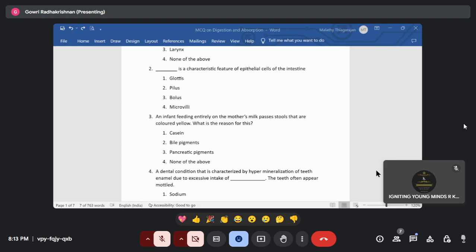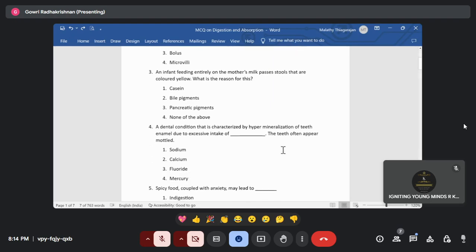By having these projections, the surface area of the cell increases, which facilitates more absorption of food or nutrients. So the microvilli are a characteristic feature of the epithelial cells in the intestine. So option 4 is the correct answer.